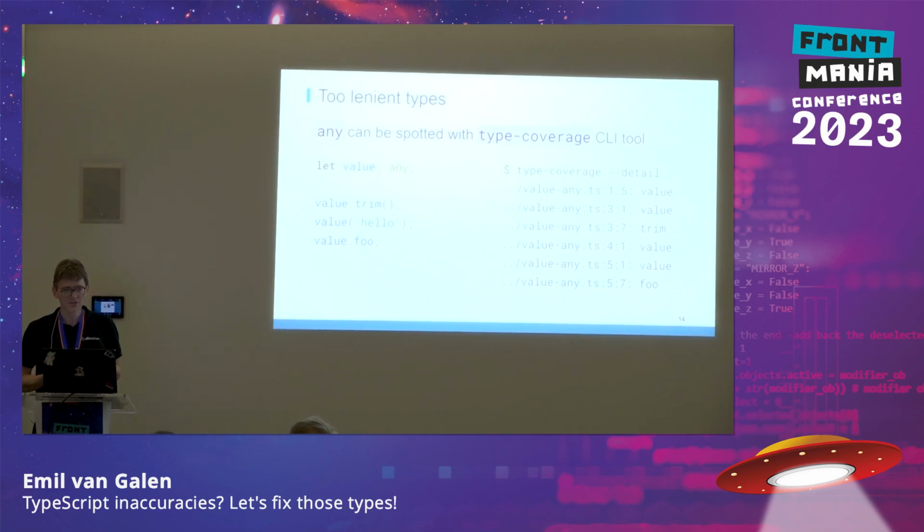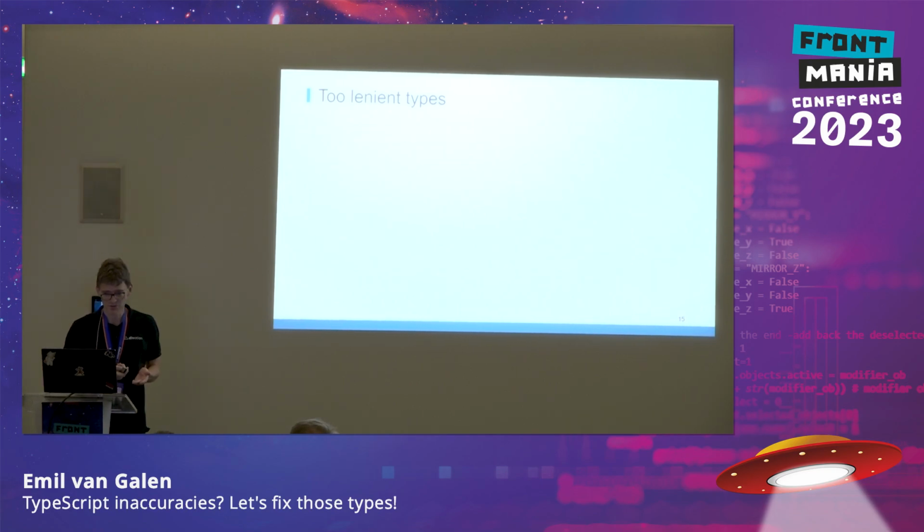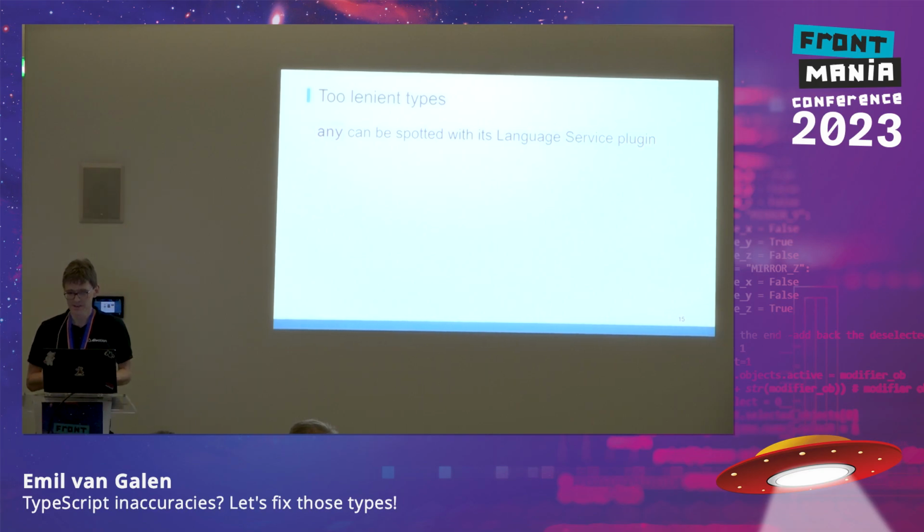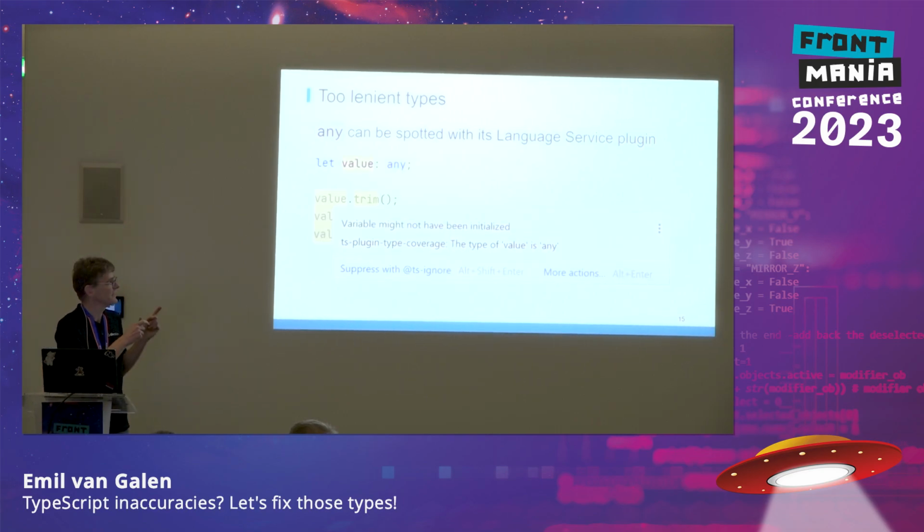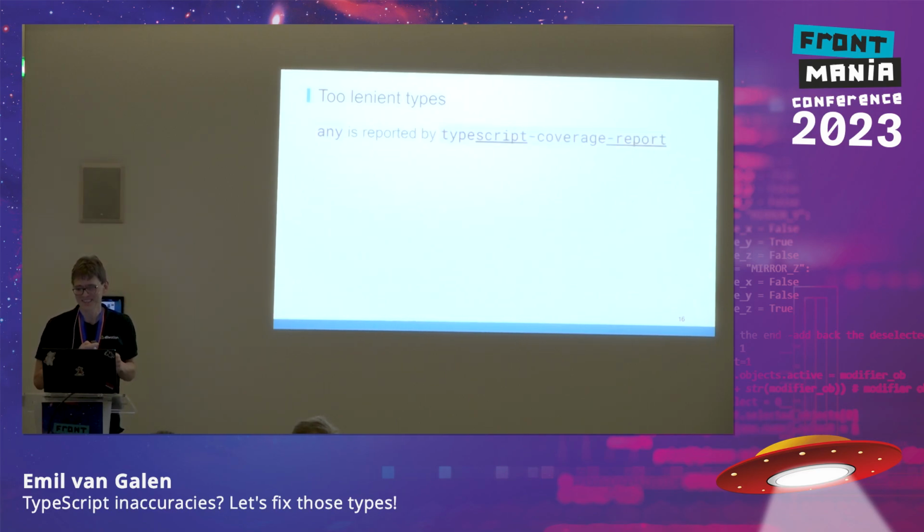It's a command line tool, so you get a lot of information, but there's also a TypeScript language service plugin, and then it will work just like ESLint directly in your editor. There's also an HTML report, just like your unit testing coverage reports.